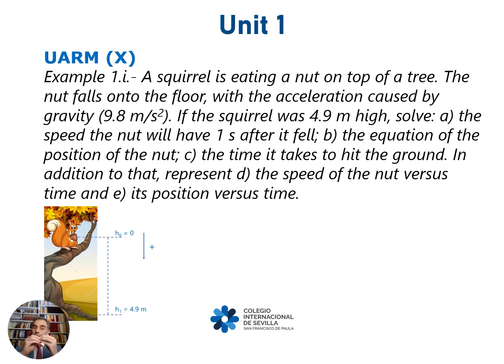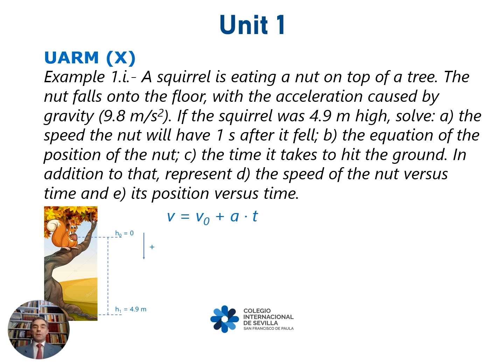Now, if we start at 0 and positive is downwards, any point beneath the origin is positive. And given that the squirrel was at 4.9 meters from the ground, that will be plus 4.9 meters. Let's now focus on the first question.